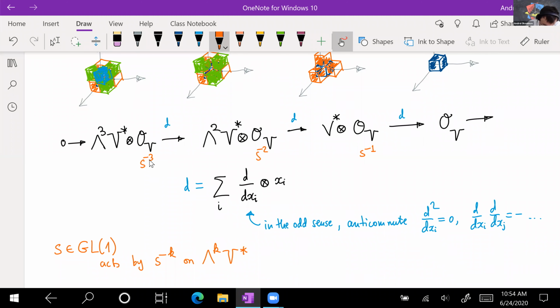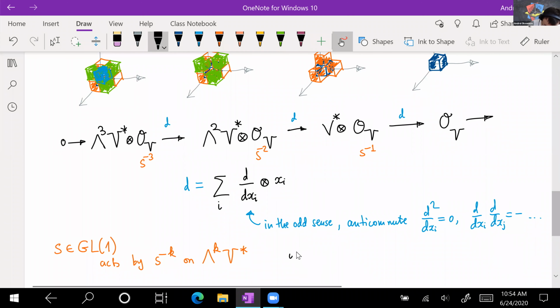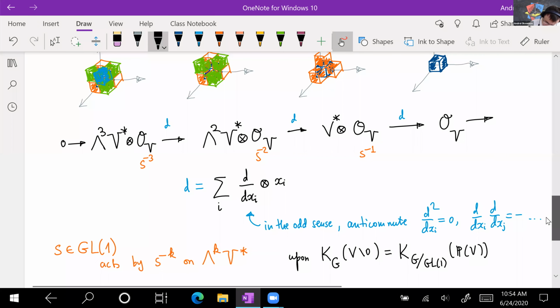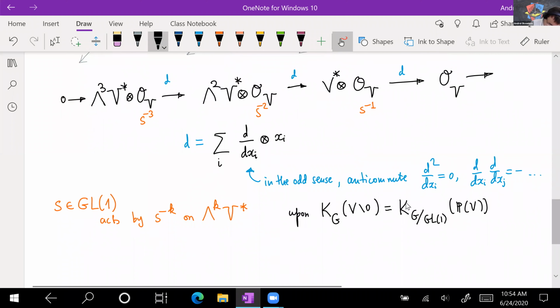And so when we unravel the identification that K_G of V minus 0 is the same as K of G mod GL1 of PV, this variable s is a variable here, so it has to be here.